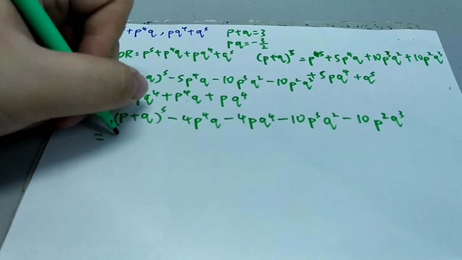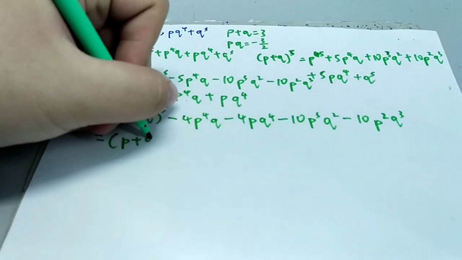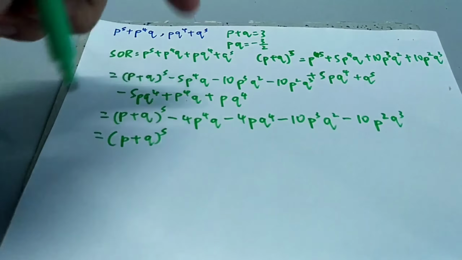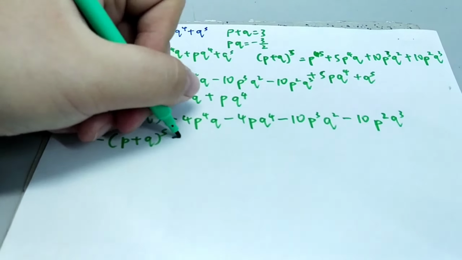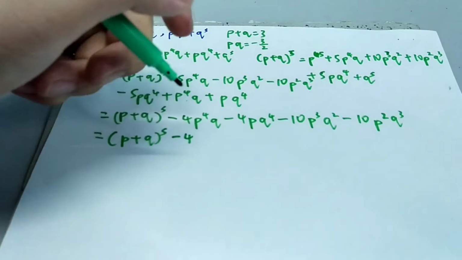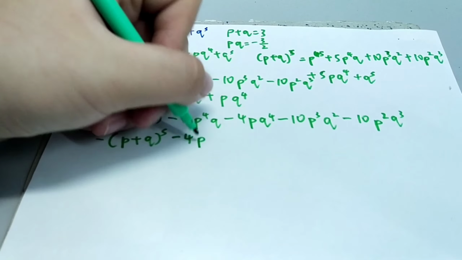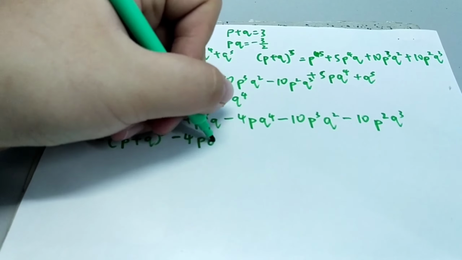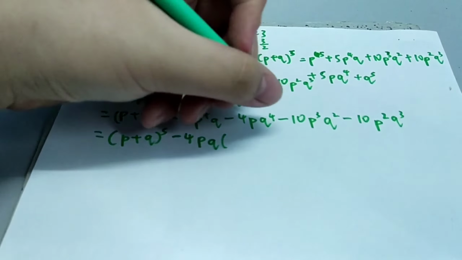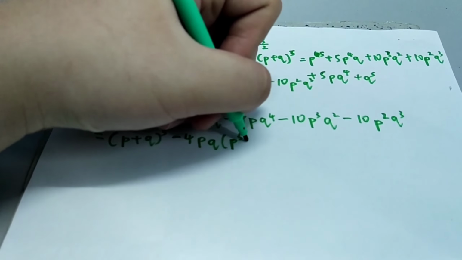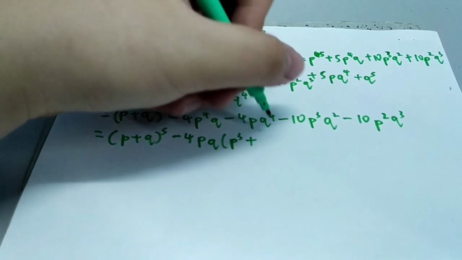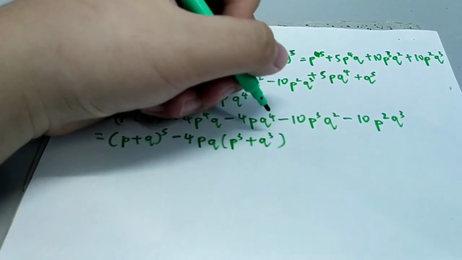So this whole thing is equal to (p + q)^5. Now the negative we can factorize out. We can factorize the 4 as well. We can factorize the p, and we can factorize the q. So the remaining term for this is p^3 + q^3.